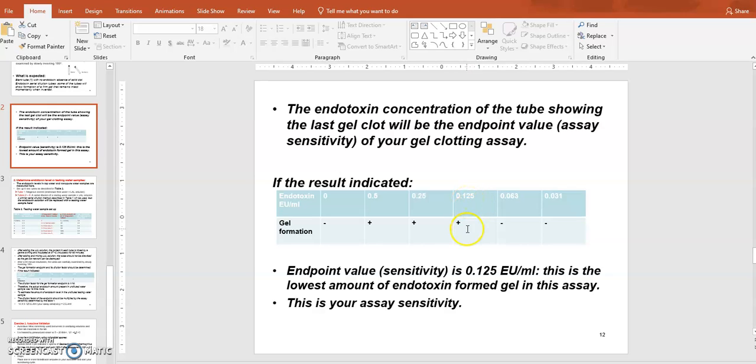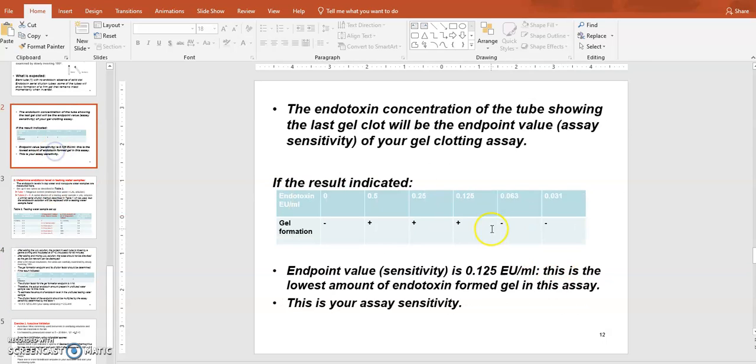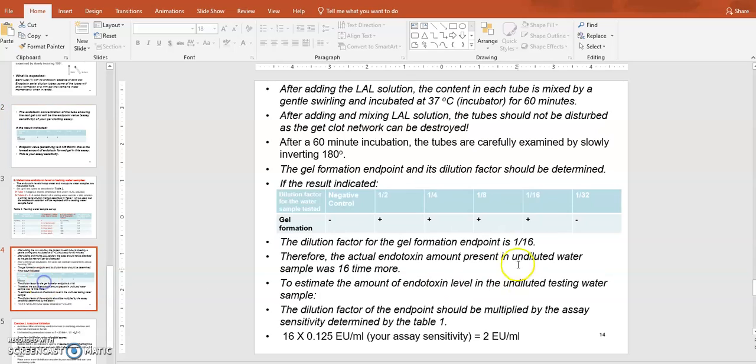By looking at that trend, you can say the same thing. Maybe that tube has the same amount of endotoxin as this case, which is 0.125 EU per mil. You can assume that yes, this tube has that 0.125 EU per mil endotoxin present there, right? So that's what you can expect from that tube.